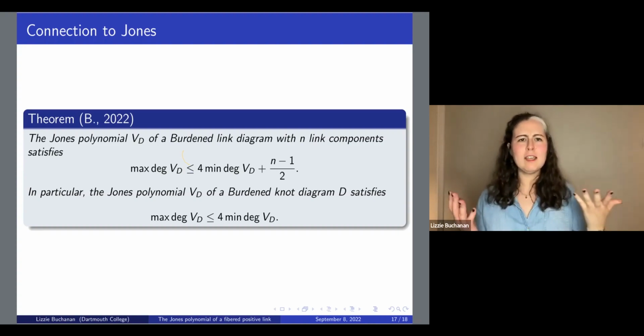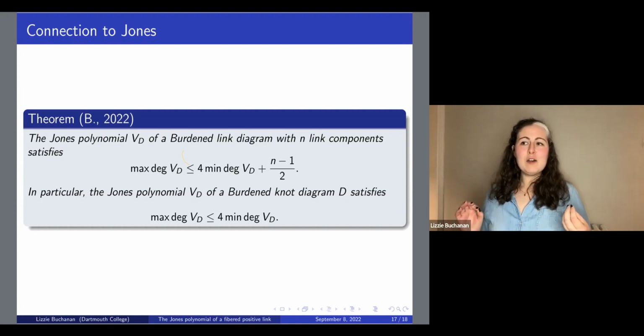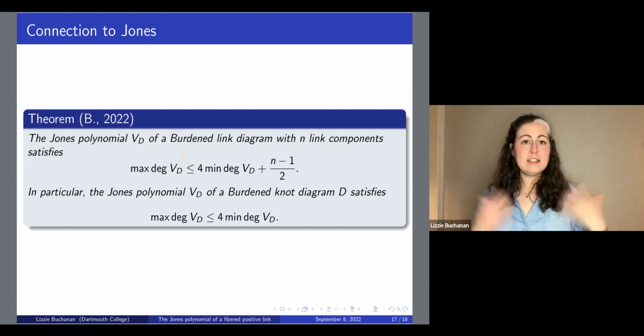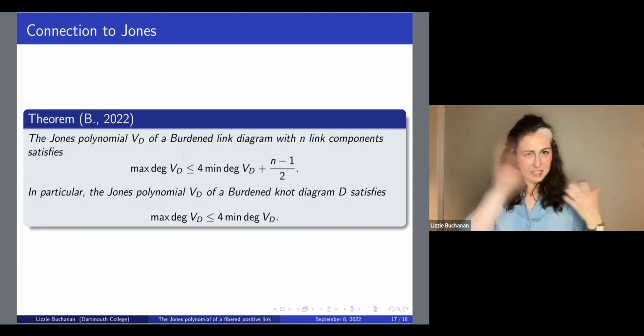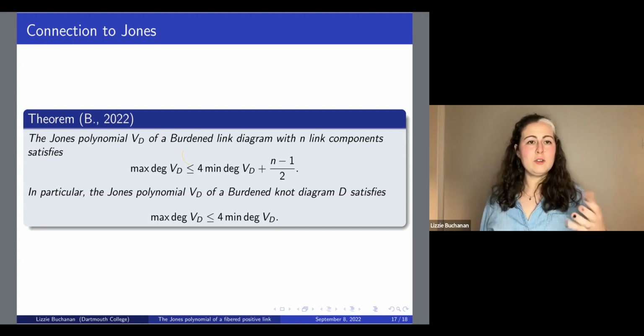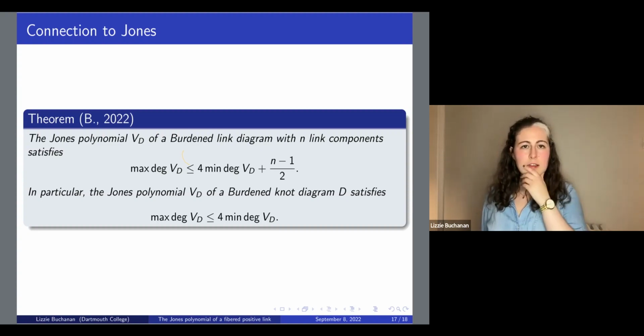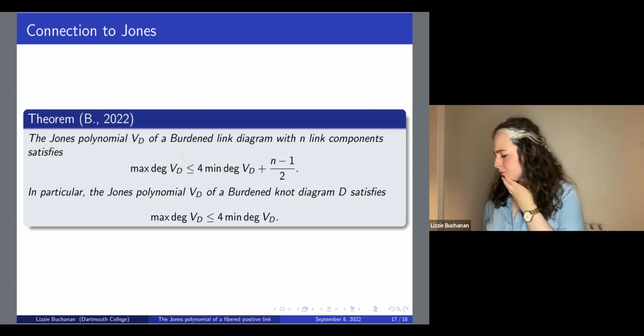But our favorite thing about the Jones polynomial, or one of our favorite things, is that it is an invariant. It's an invariant, so it is diagram independent. So this won't just apply to a particular burdened link diagram. It'll apply to any diagram of that link or that knot.